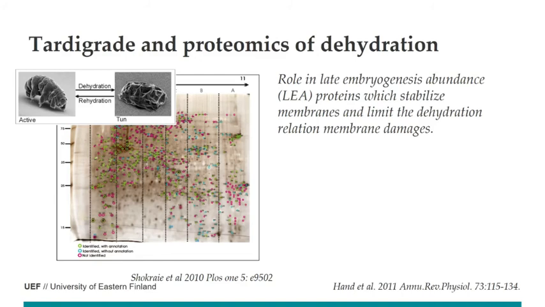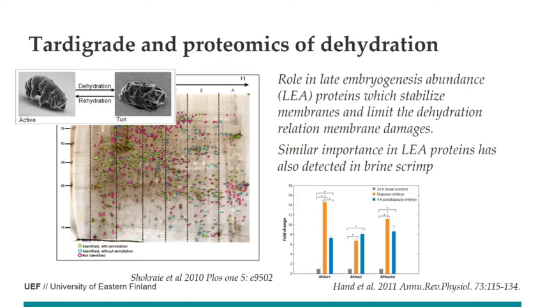And these proteins stabilize the membranes and limit the dehydration that could cause membrane damage. And later on it was found that similar importance is also seen in these brine shrimps. So whatever happens, they try to keep the membranes working, or at least prevent damage to the membranes.